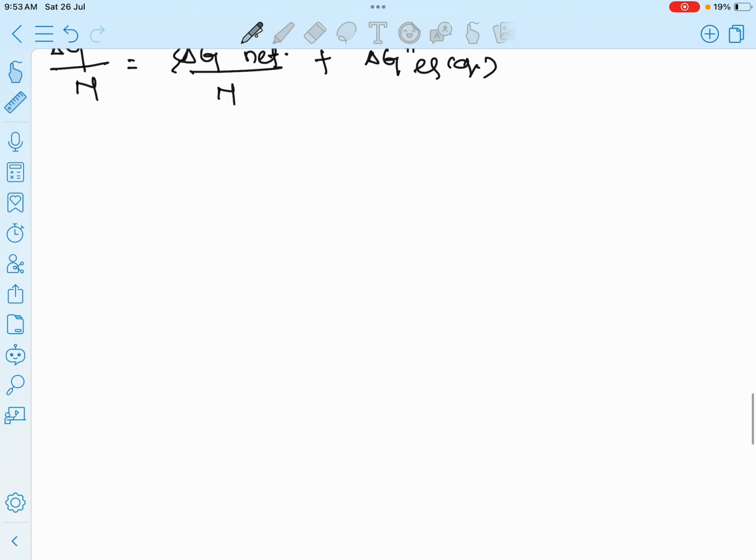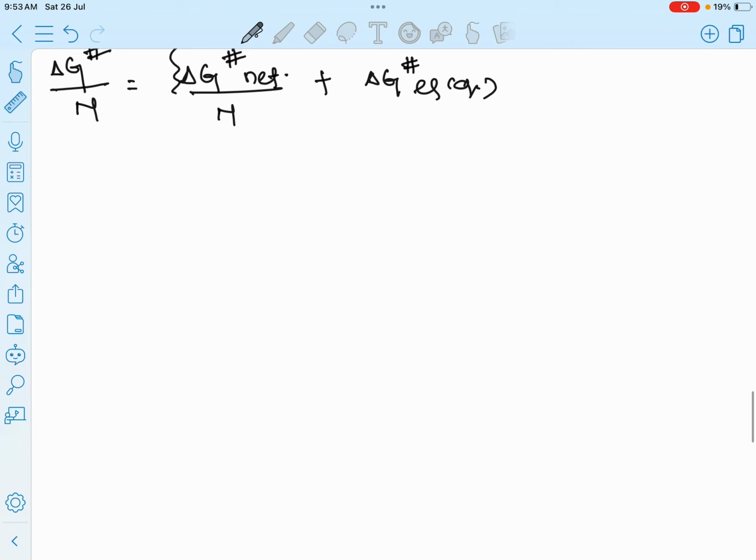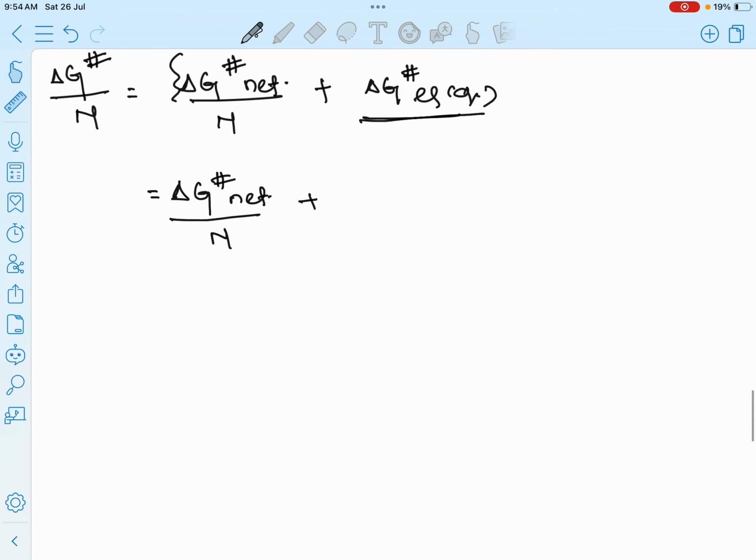Okay, so we can write down delta G non-electrostatics divided by N plus the total Gibbs free energy contributing to the electrostatic motion.